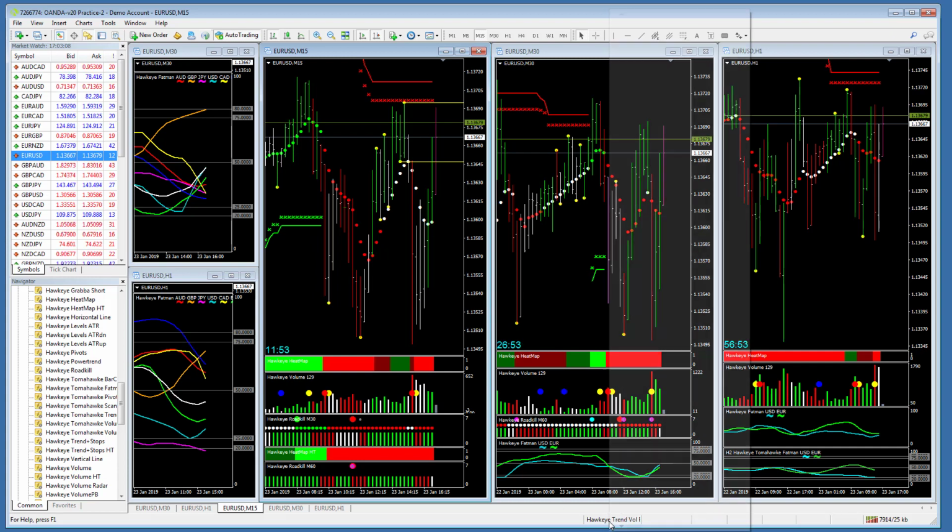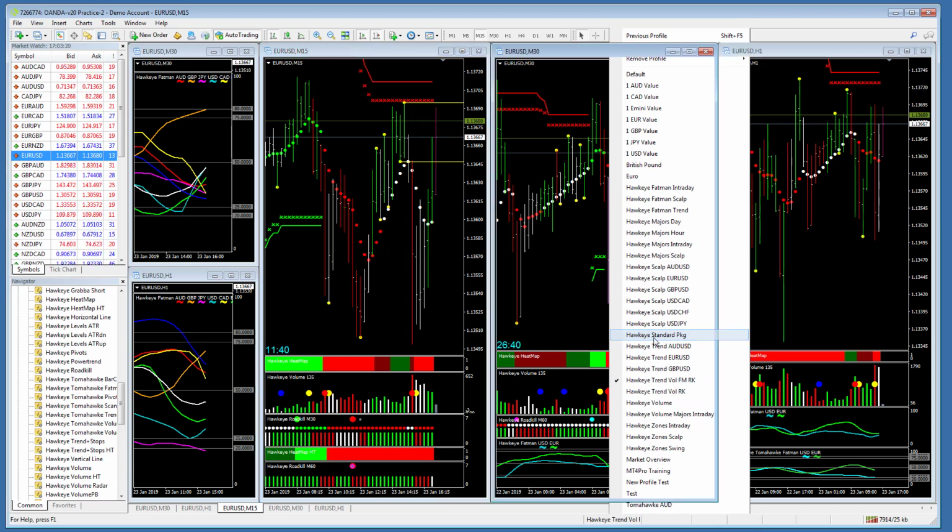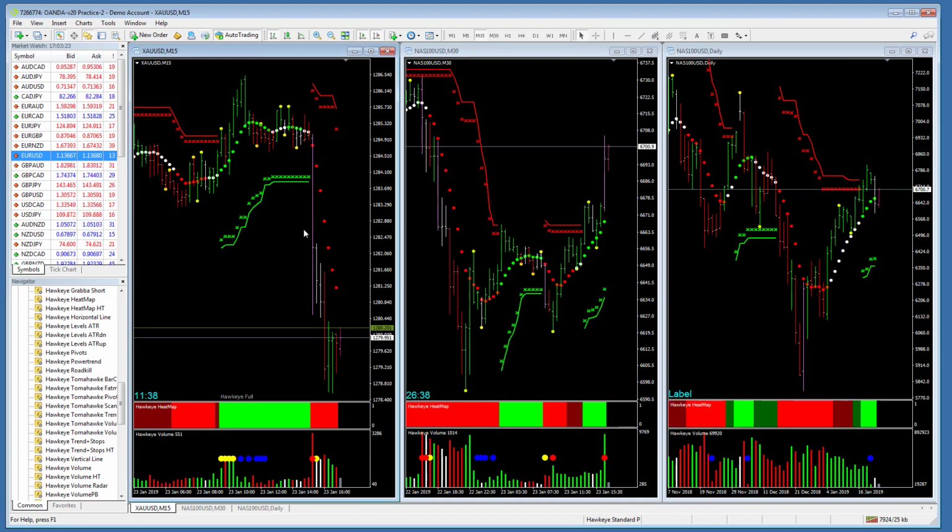You can see if you purchase the system, you have access to a lot of different setups, different profiles that you can go to for regular settings. With the standard package, you're looking specifically at the tool setup for the trend, the volume, the heat map, the levels, and so forth, all the tools that come with the standard package.